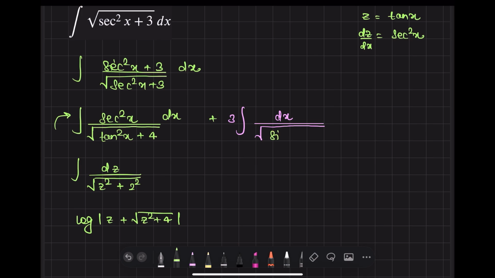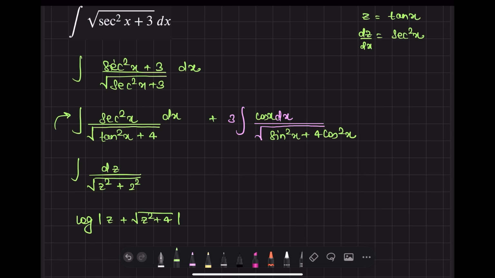I will have sine square x plus 4 cos square x, and in the denominator cos will go to the numerator and its root will be over, so cos x. Now you can visualize that we have cos x in the denominator, correct?